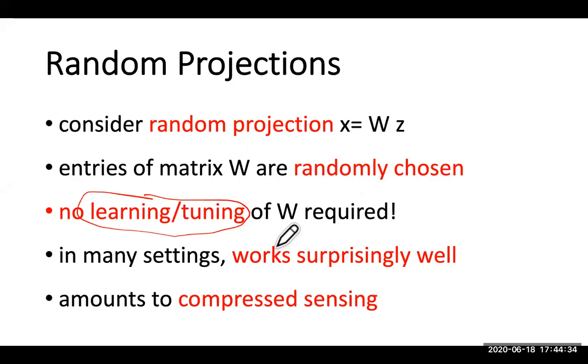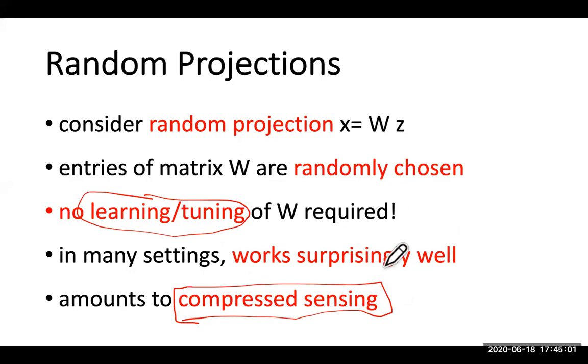And it turns out, in many settings, this works extremely well, almost as good as doing PCA, this computationally expensive optimum linear feature learning. Using random projections is also known as compressed sensing, which is one of the hot fields, I would say, of the last 10 to 15 years in signal processing or machine learning.